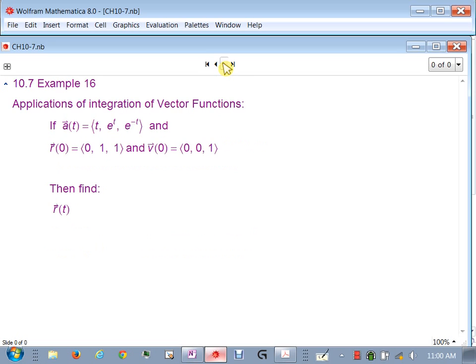And then I got to this example and I didn't cover it, right? So this is what I'd like to do. What we have is an acceleration function. We are also given what are called initial conditions.